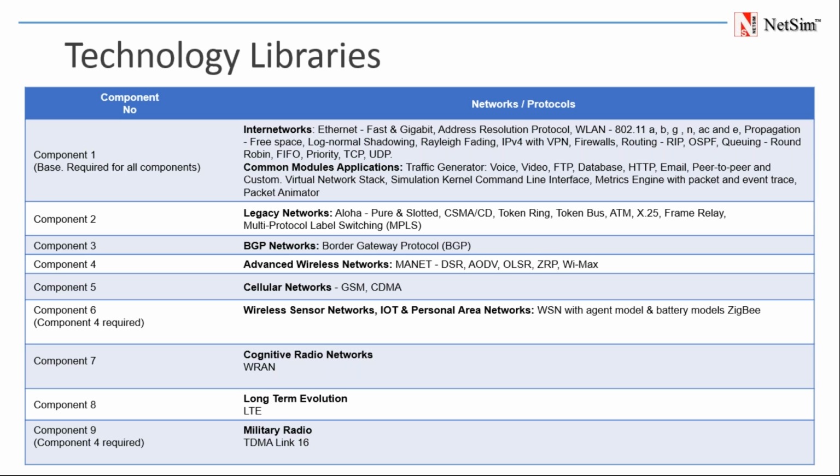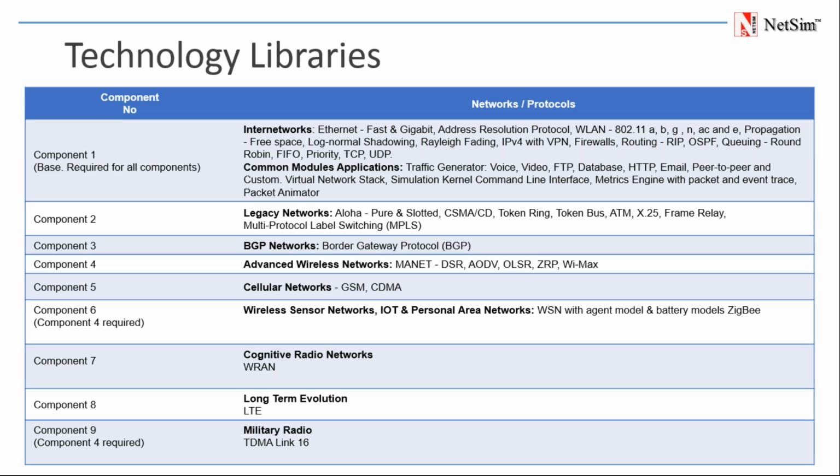For illustration, component 1 consists of protocols implemented in wireless LAN and WAN, like Ethernet and IEEE 802.11 a, b, g, and ac. Component 1 is the base component, that is, all other components require component 1 to run.